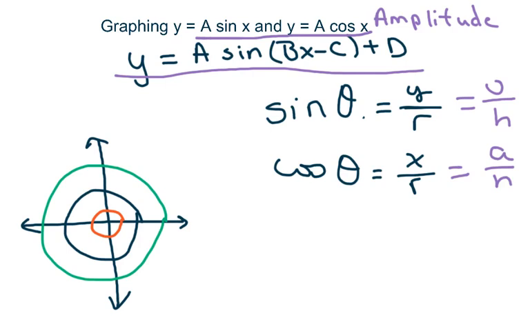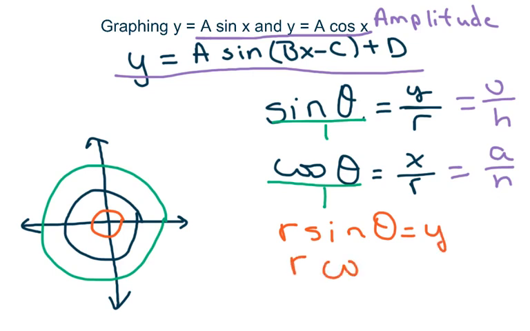When I cross multiply, I put these in fraction form and move up the r, and I get r sine of theta equals y, and r cosine of theta equals x. So basically, your radius here is your amplitude. That's all it is. It's whatever the radius was.